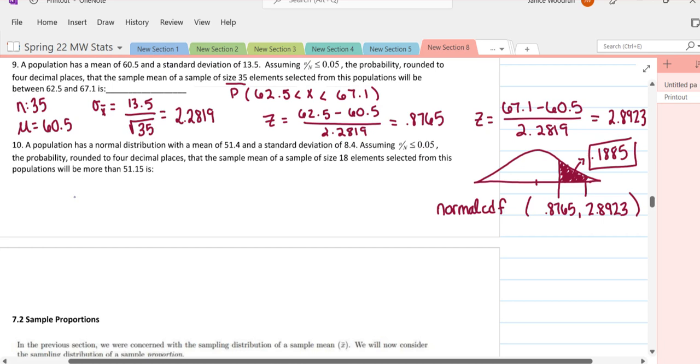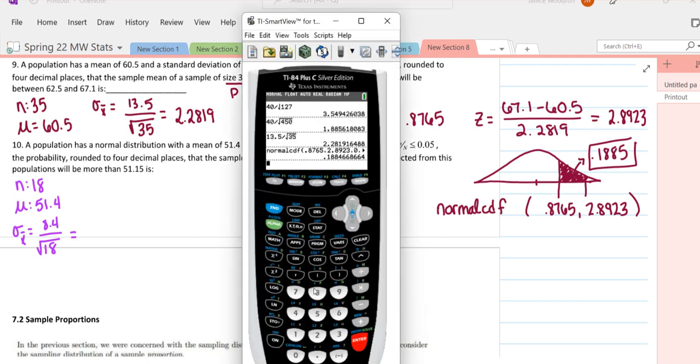So we have our sample size is 18. We have a population mean of 51.4. We're going to find the standard deviation of x bar. So we're going to take that standard deviation 8.4 and divide by the square root of 18. That's going to give us 1.9799.